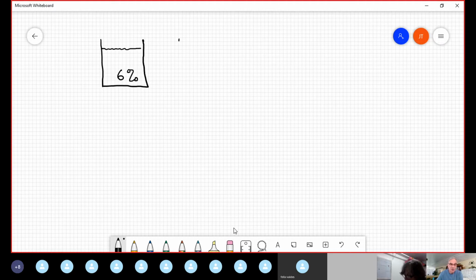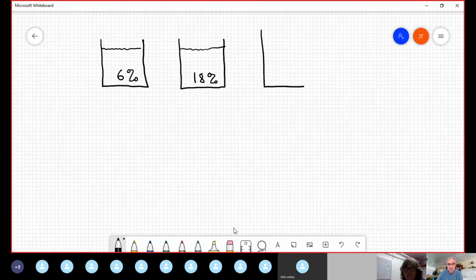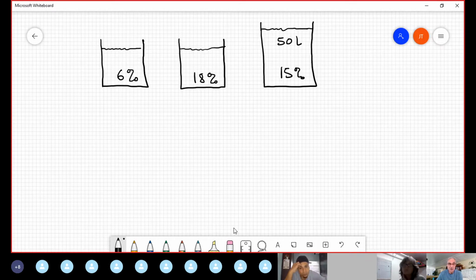And we have another container where the solution is 18%. And I need a last container that contains a specific volume of 50 liters at 15%. You mix this and this together, plus, and you give me that.